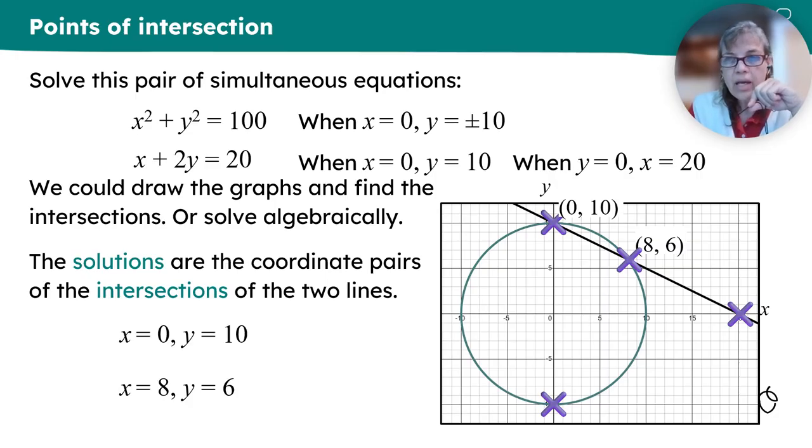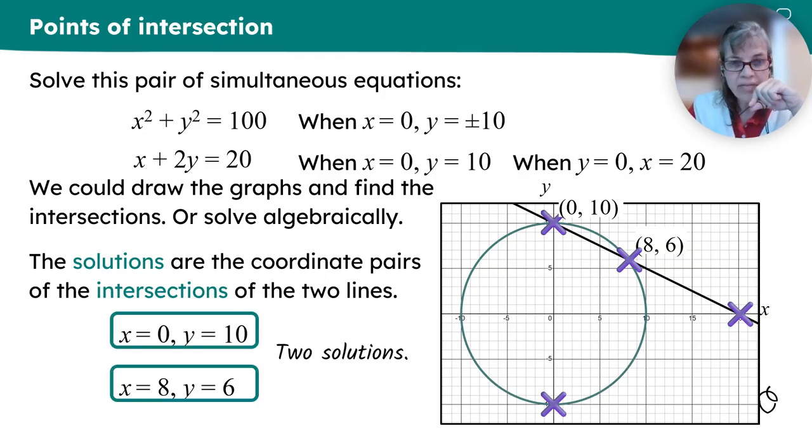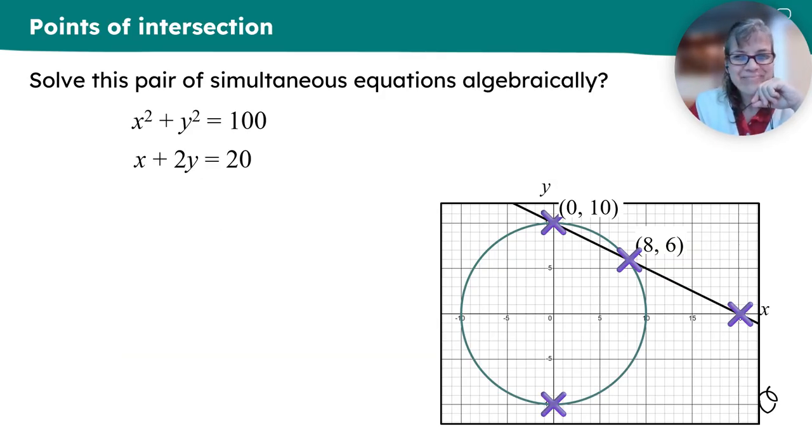Now, again, if I wanted to do this algebraically and not by graphing it, will I get these same 2 solutions? Well, hopefully. Let's try it and see. If I wanted to solve this algebraically, then I would like to use substitution, right?